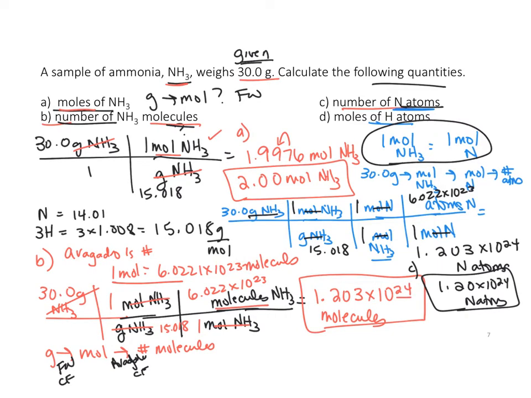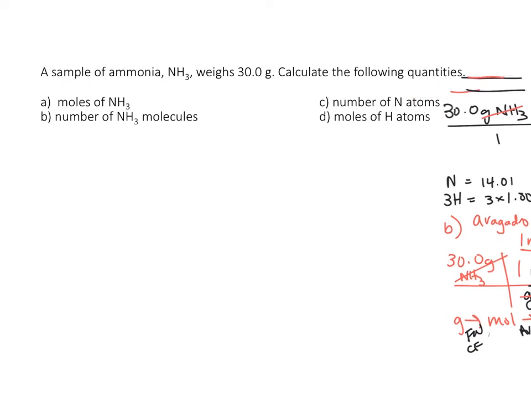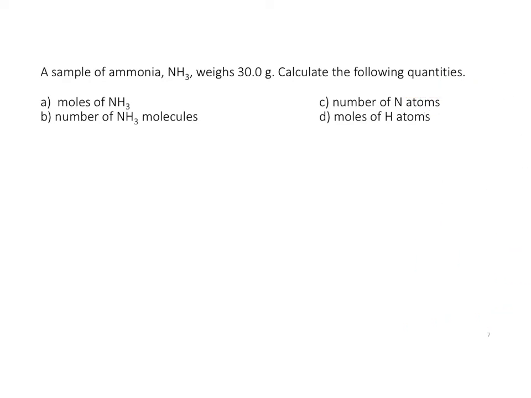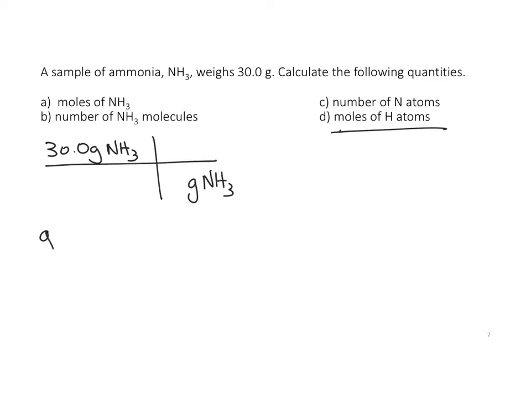Now let's do D. We have 30.0 grams of ammonia, NH3. We're going to go from grams of ammonia to moles of ammonia. You know that's going to be your formula weight.